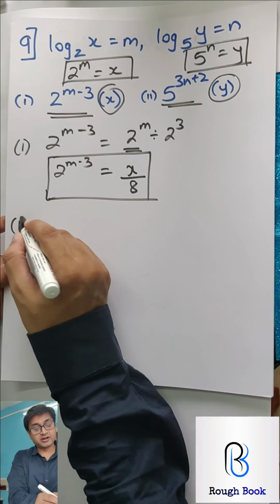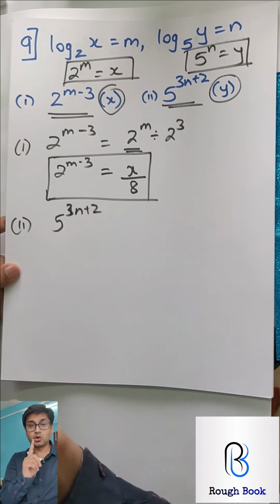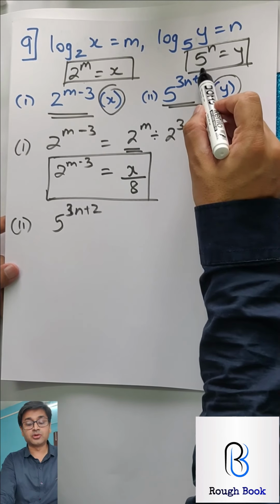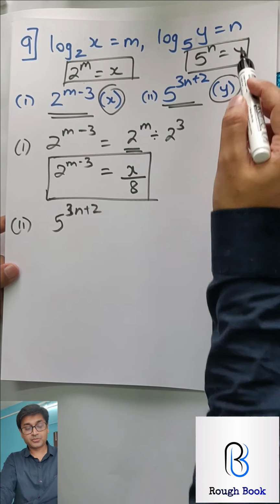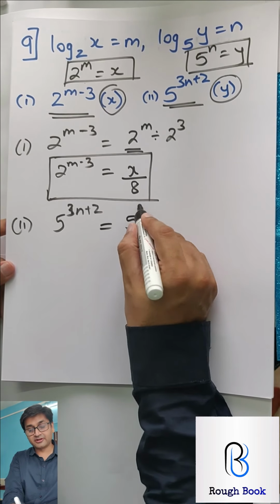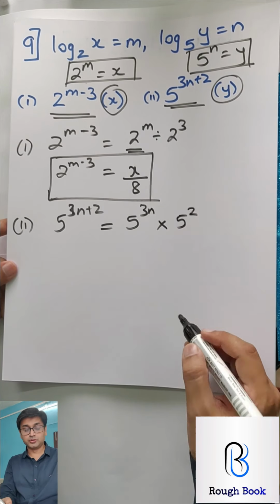Can you try the second one now without my help? 5 raised to 3n plus 2. So law of indices first, and then at some stage you will be able to write 5 raised to n as y. So first apply law of indices. Come on. So 5 raised to 3n plus 2 becomes multiply, 5 raised to 3n and 5 raised to 2.